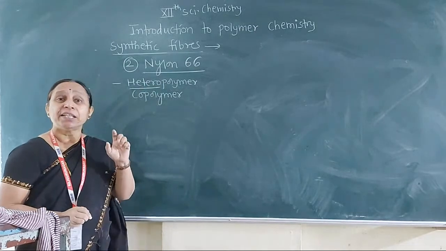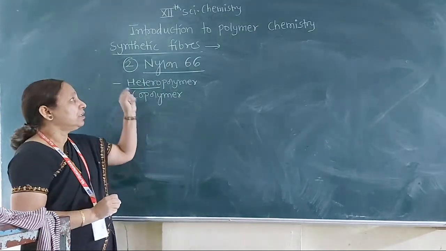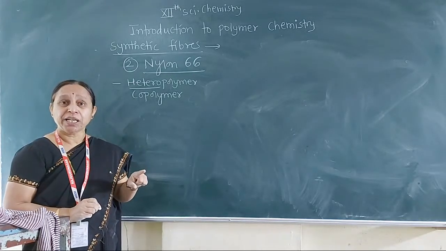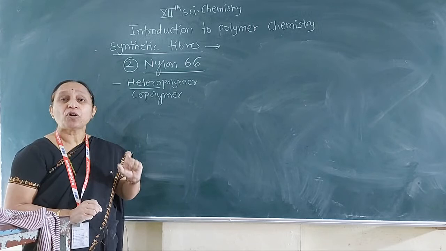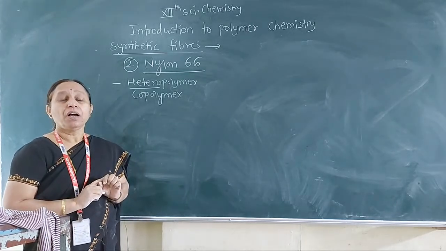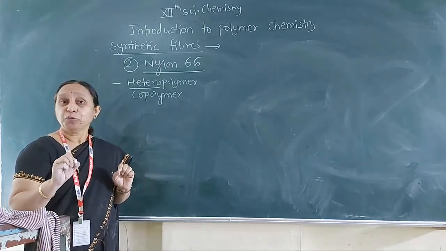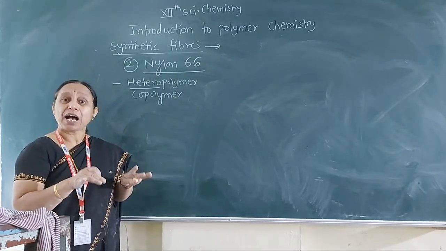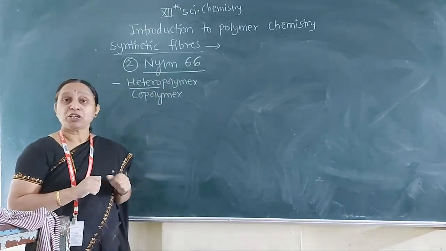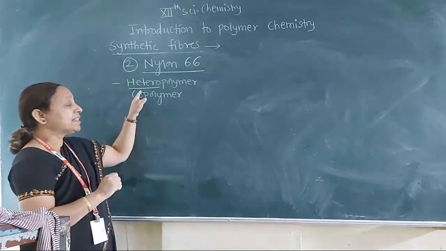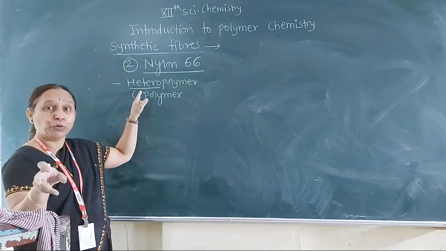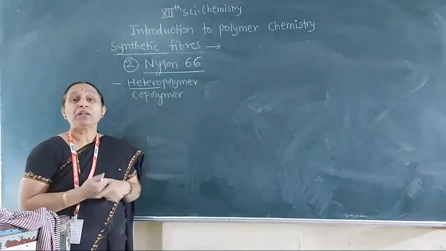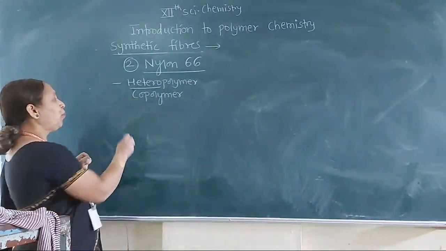Hetero indicates different. Nylon 66 is prepared by using different molecules of monomers. One type of monomer is not used. Two different types of monomers are used for the preparation of this fiber. As different monomers are used, different means hetero, and thus this polymer is known as heteropolymer.